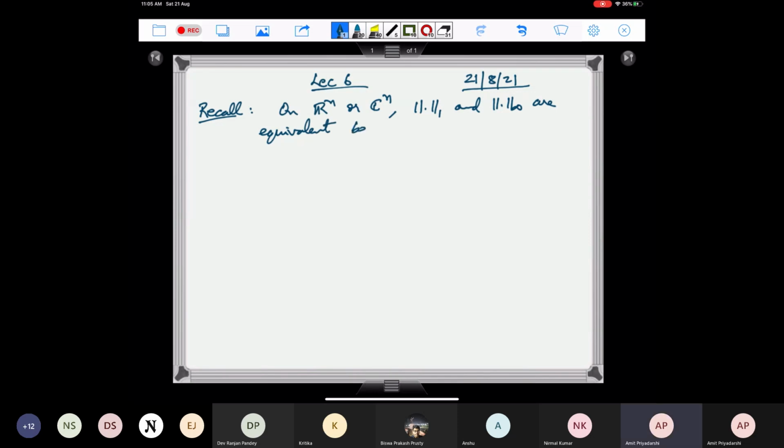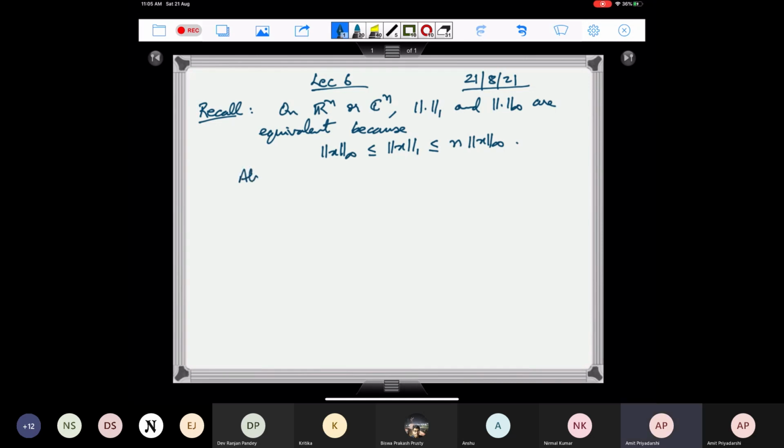This is because for any x, the infinity norm of x is less than or equal to the one norm, and the one norm is less than or equal to n times the infinity norm.